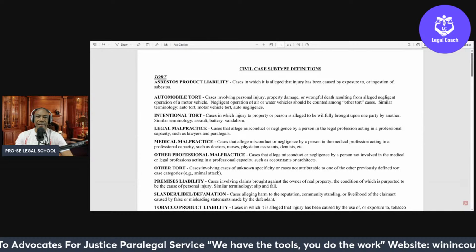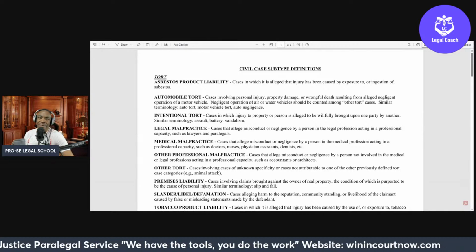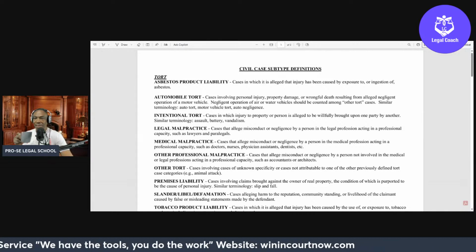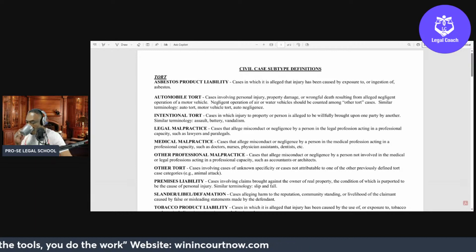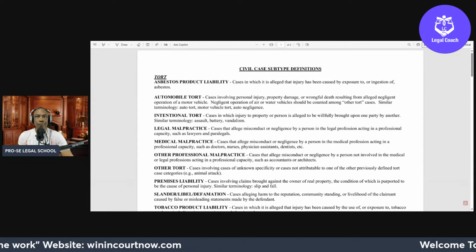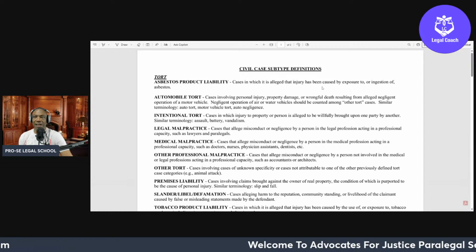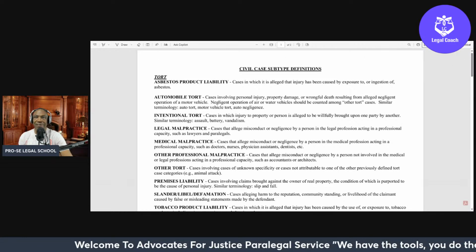So this right here, and I've never seen this: civil case subtypes and definitions. Sorry, I got this new mouse and I'm still trying to learn how to control it.